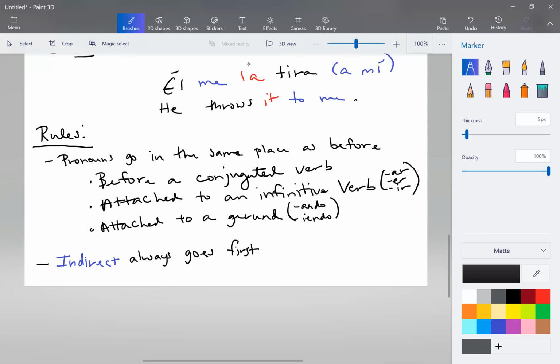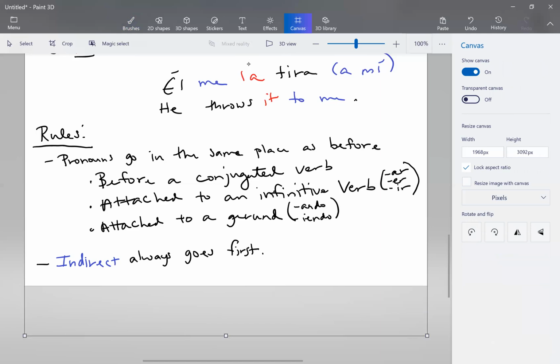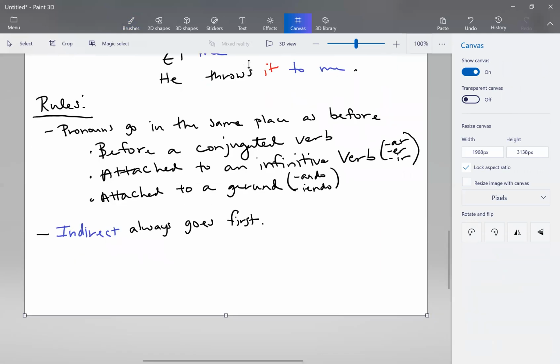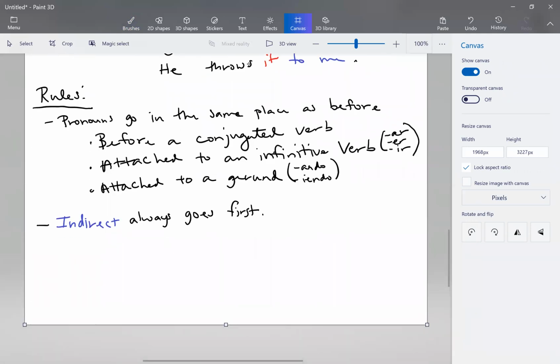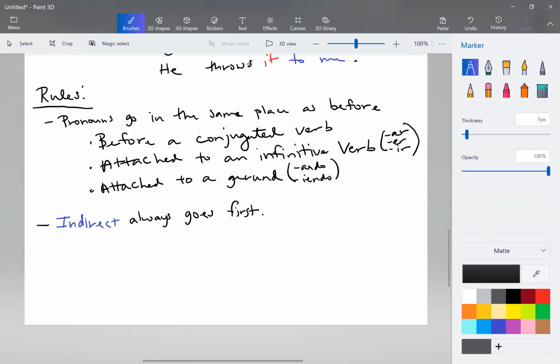Indirect always goes first. And this last rule is complicated. If you're already thinking this is complicated, then this one's even harder, so I apologize, but I have to tell it to you.